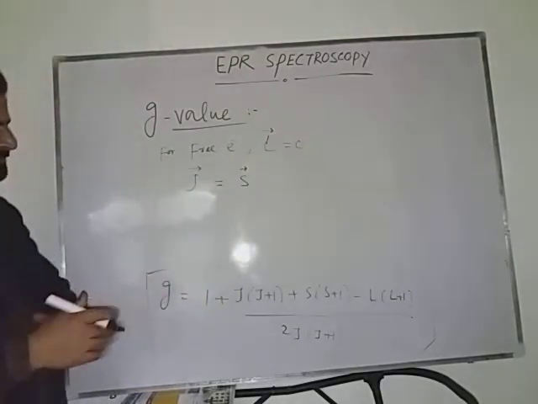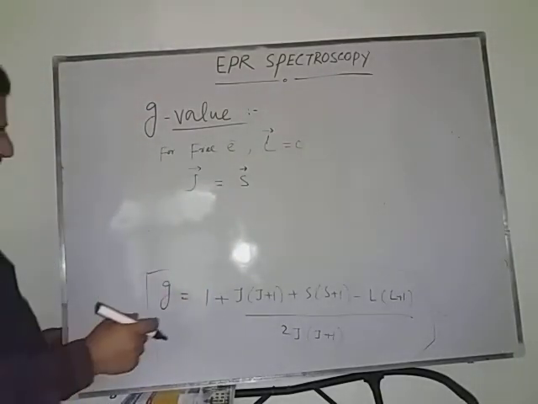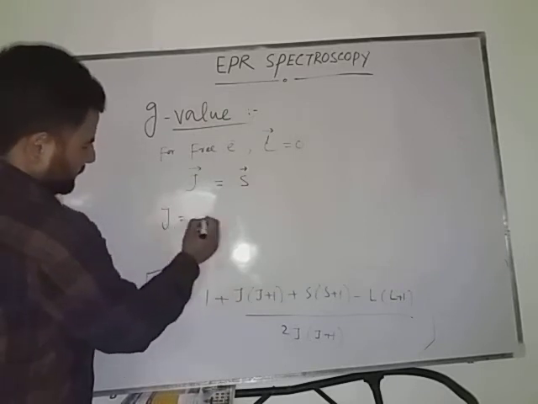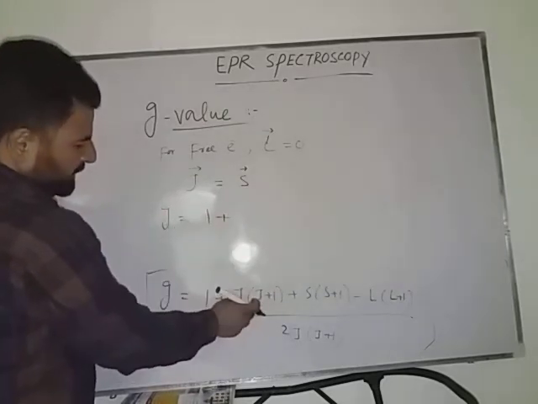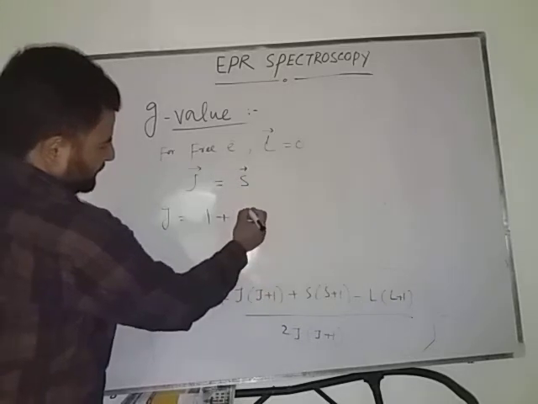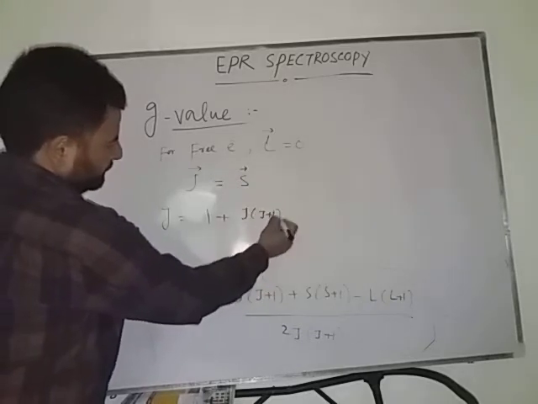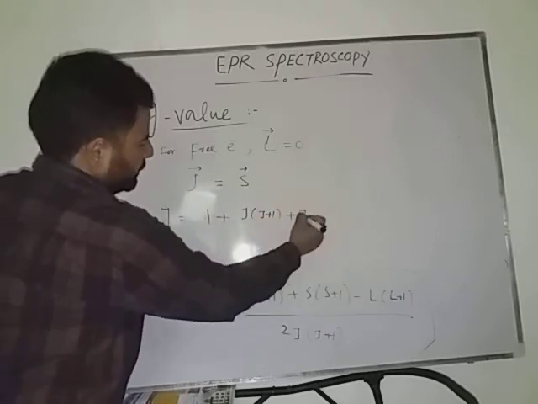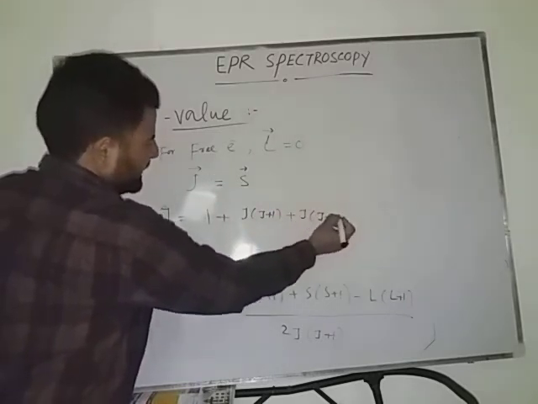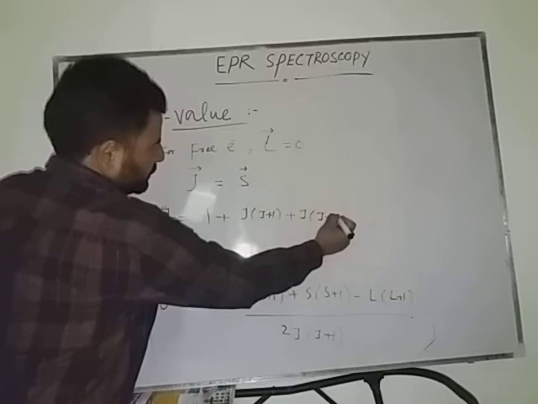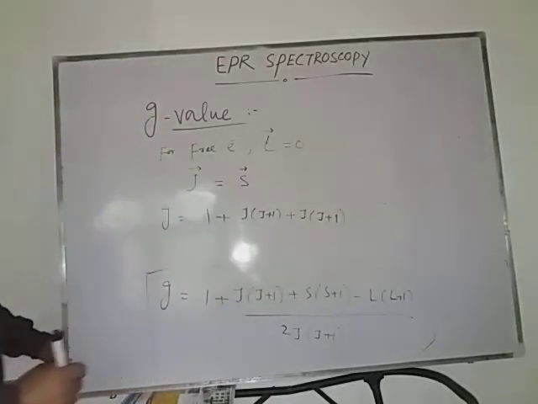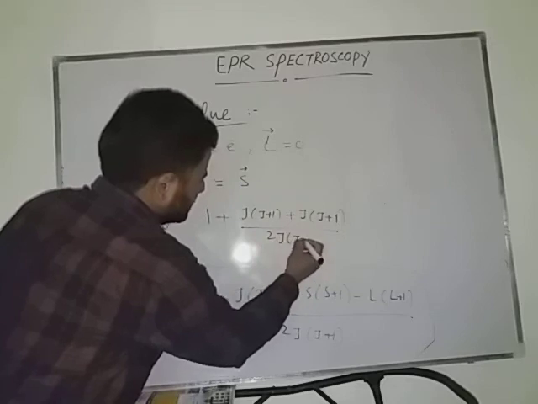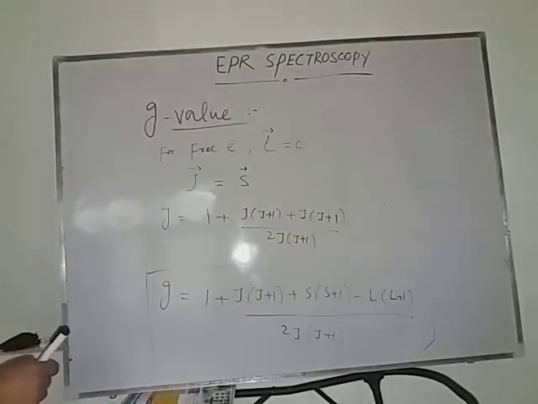In that case, G will be equal to 1 plus J into J plus 1, and for S into S plus 1 we can again write J into J plus 1, because J and S are equal, divided by twice J into J plus 1.